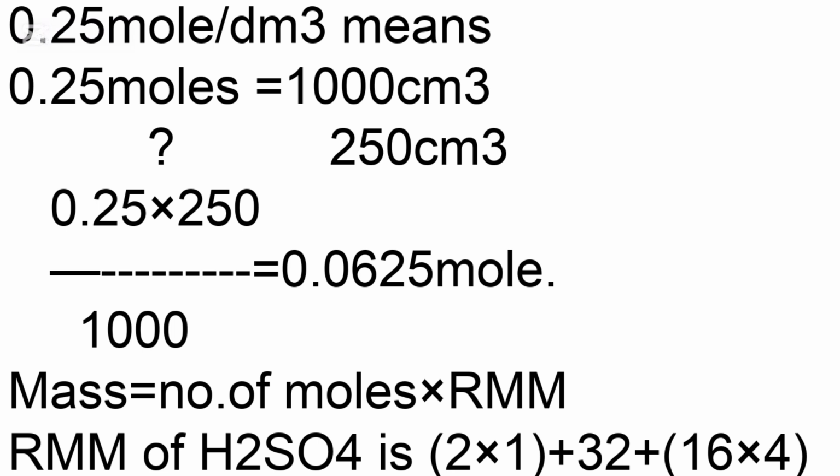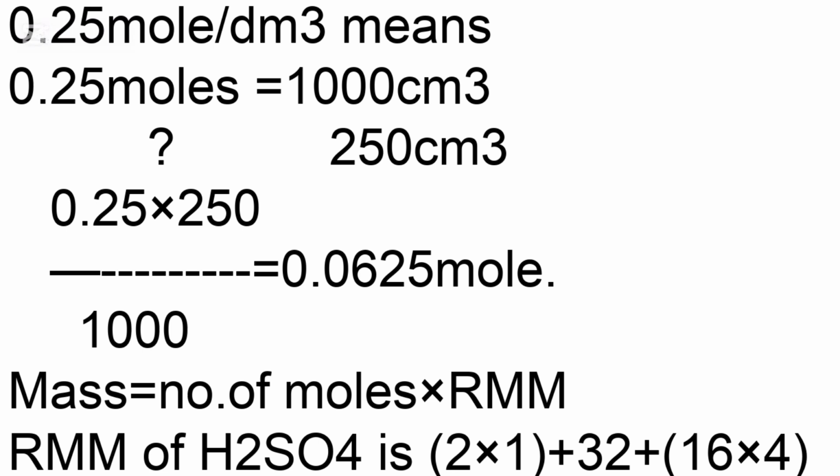These 250 centimeters cubed would contain how many moles? So we take 0.25 multiplied by 250 divided by 1,000. So the number of moles in 250 centimeters cubed is equal to 0.0625 mole. But the question is asking us about mass.